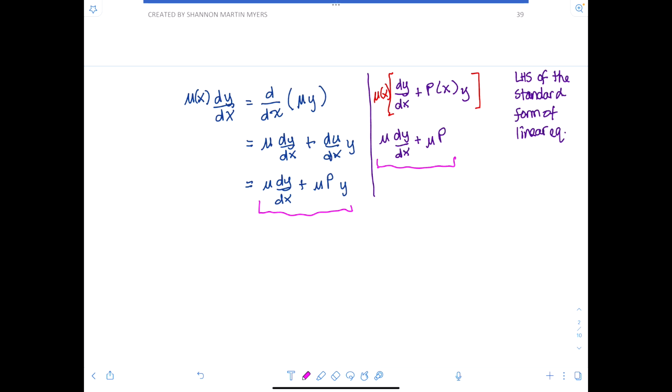So, in order for this to be true, what has to be the case? Beautiful. d mu dx has to equal mu times p.